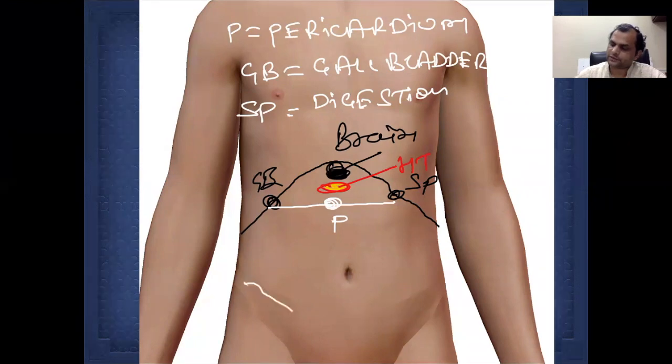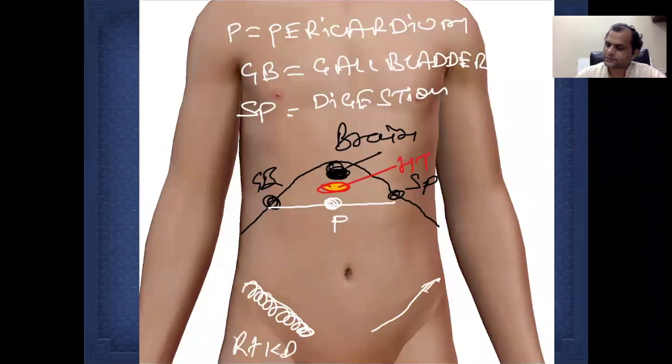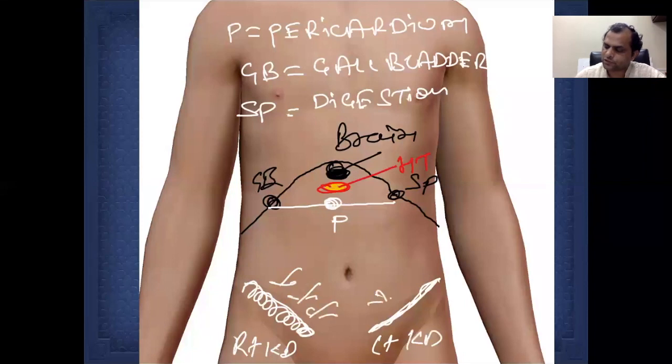Yesterday we have seen the right hip bone and left hip bone. If someone is suffering with a pain in the right side hip bone, this is the condition of the right kidney. If someone is suffering with a pain in the left side of the hip bone, this is the condition of the left kidney. So we are pressing here and this hip area is painful, then it shows the condition of the right kidney or left kidney. The meaning of right kidney and left kidney we should understand as per the 5-element language.